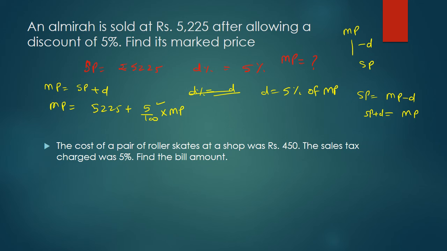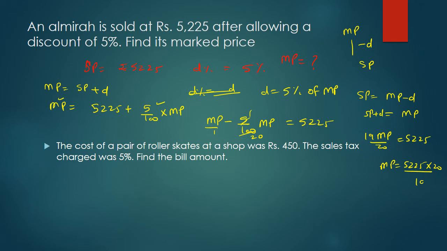Now take these like terms all together. You can simply divide 100 by 5 to get 20. If you take LCM, just like you solve in linear equations, 20 MP minus 1 MP is 19 MP by 20 is 5225. So MP becomes 5225 multiplied by 20 by 19. You can solve it, right?